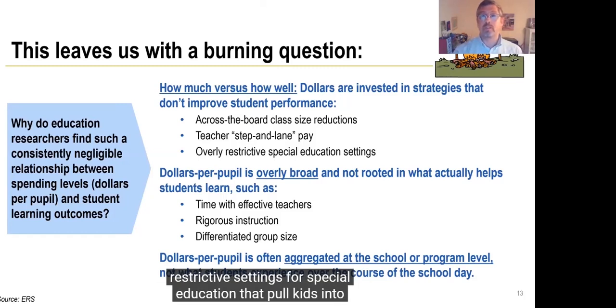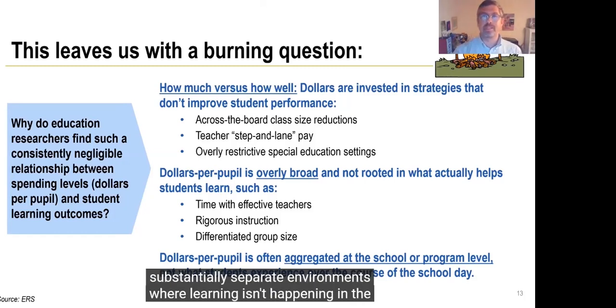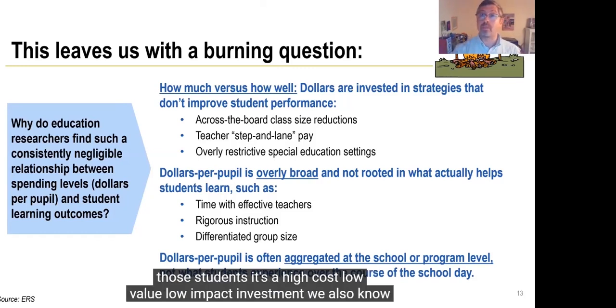Or overly restrictive settings for special education that pull kids into substantially separate environments where learning isn't happening in the same ways at the same rate that we think it needs and could be happening for those students. It's a high cost, low value, low impact investment.